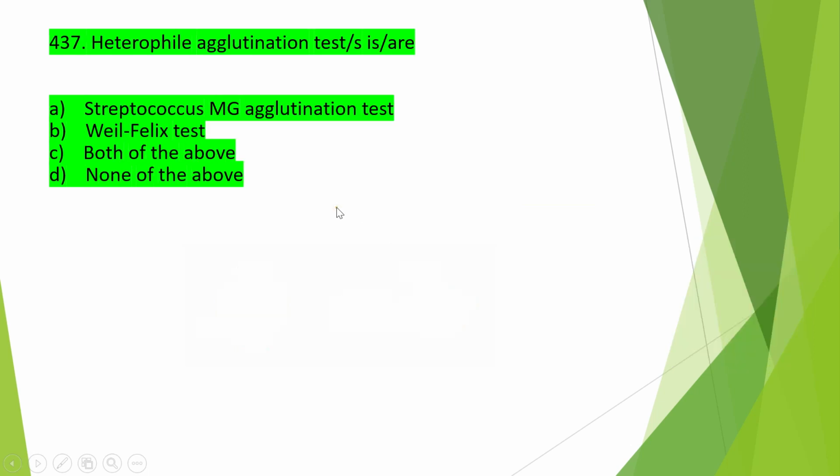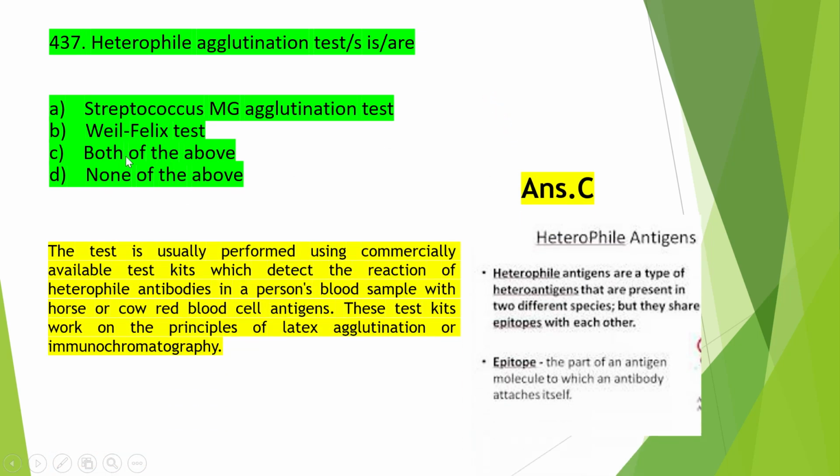Okay, so next one is heterophile agglutination test is or are Streptococcus MG agglutination test, Weil-Felix test, both of the above, none of the above. And the right answer is option C, that is both of the above.